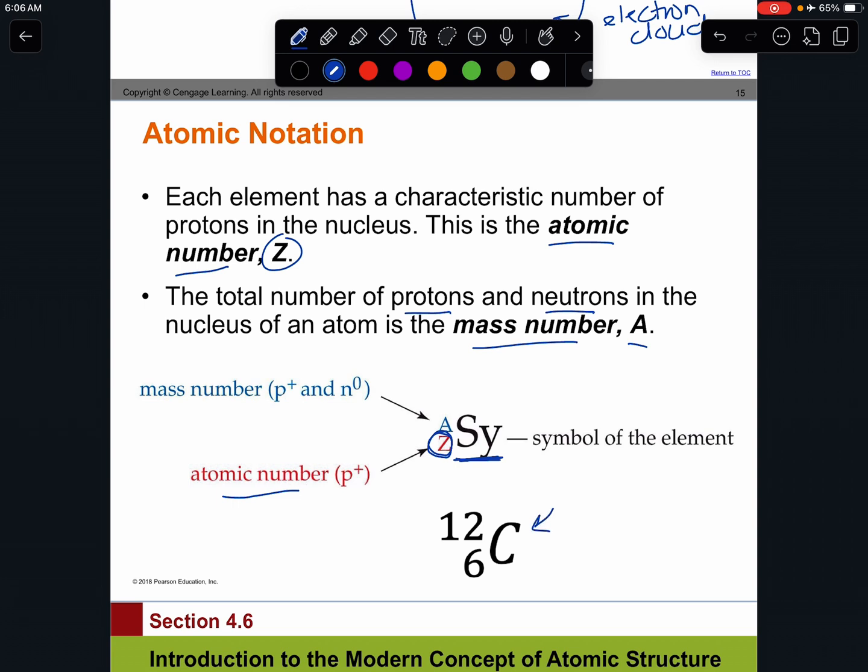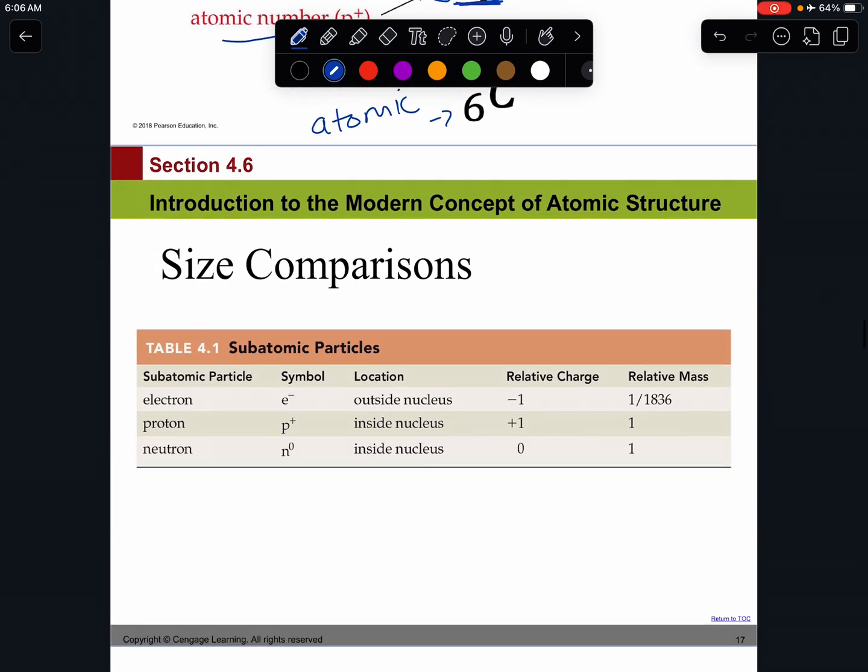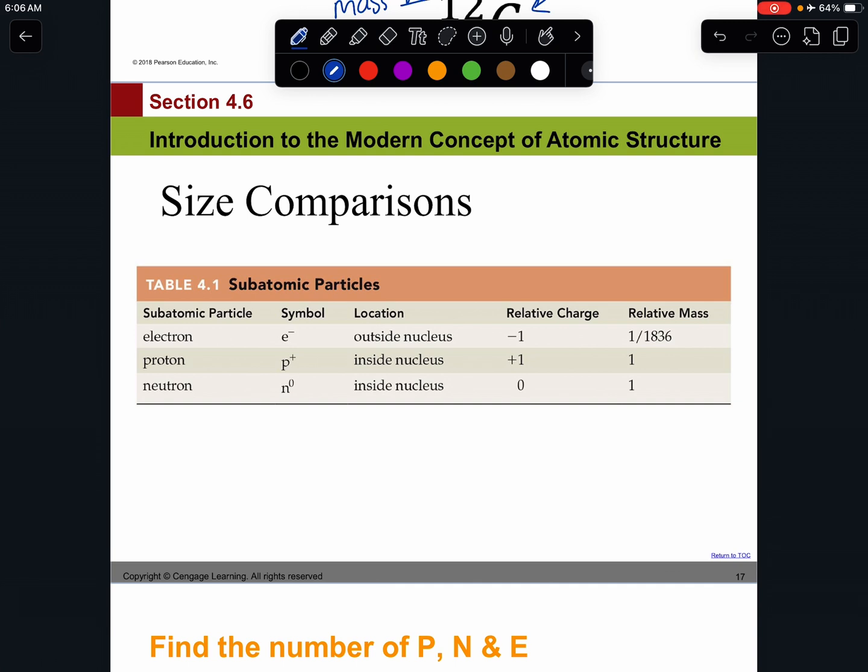So, for example, if we have carbon right here, this is our mass number. It's always at the top, and this is our atomic number. So we will always see this written in what we call atomic notation, and we will be utilizing that. Now, I did discuss this a little bit, but remember the proton and the neutron are very similar in size, and you can see the electron being very, very small.